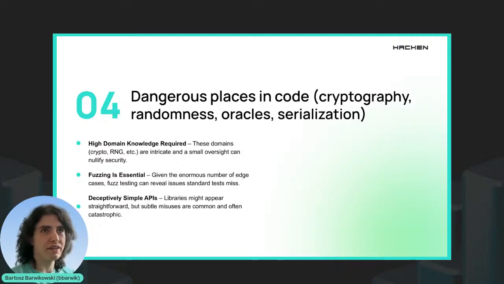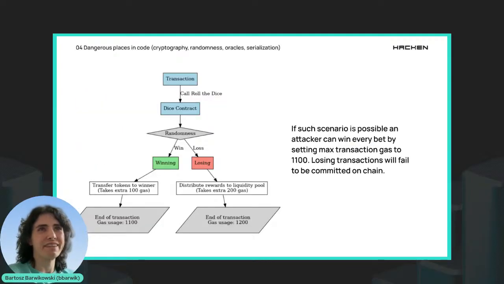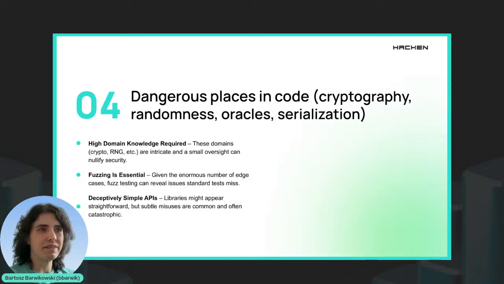So that's why I mostly focus on those places, because that's where the issue will be critical when there is an issue. So everything related to places where the money or the tokens are involved.